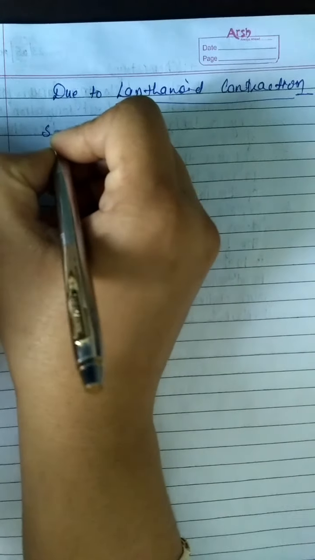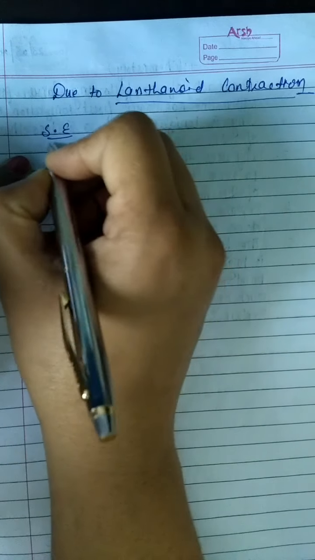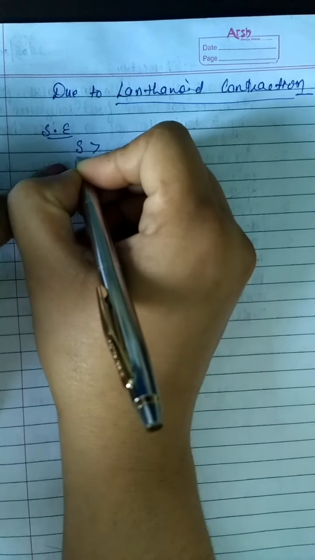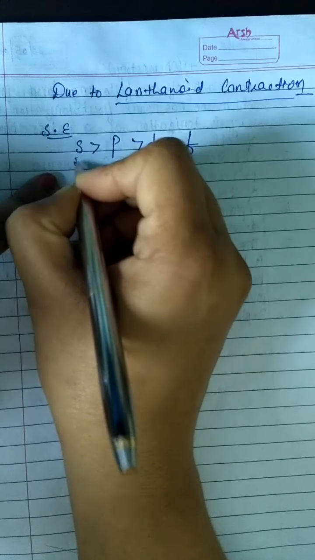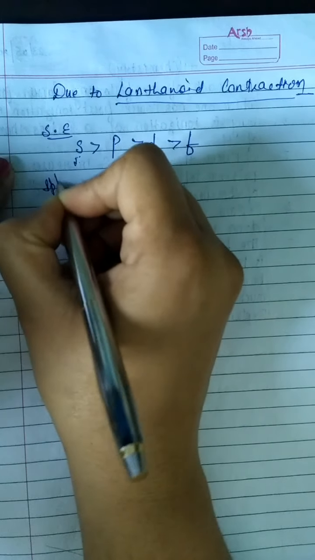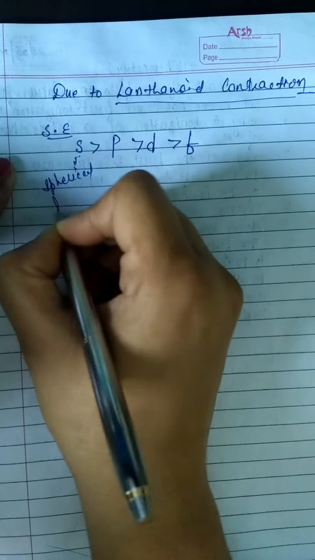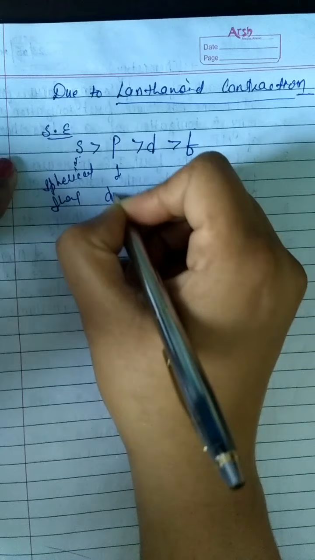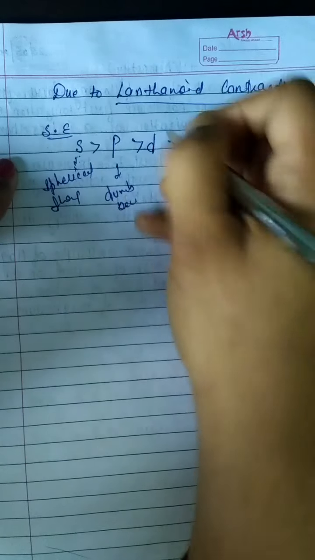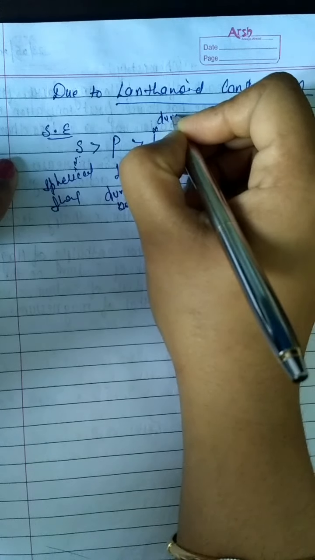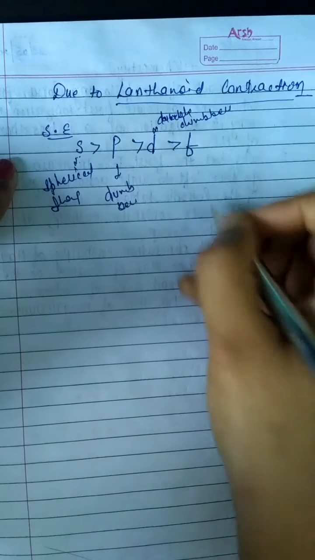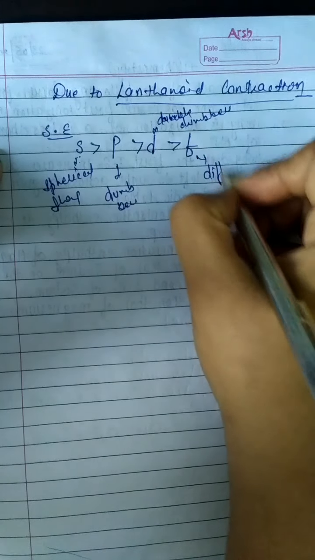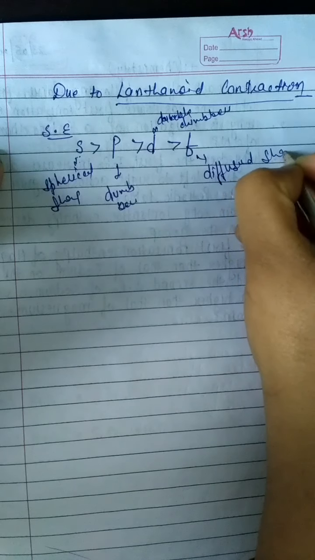Lanthanide contraction: firstly, we have discussed the screening effect. The screening effect of an S block element is more as compared to that of a P, as compared to that of a D, as compared to that of an F. S has a spherical shape, P has a dumbbell shape, and D has a double dumbbell shape, and F block elements have a diffused shape.